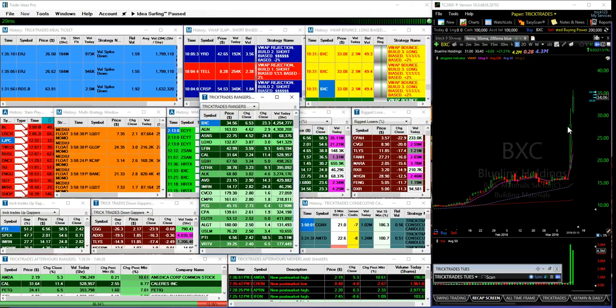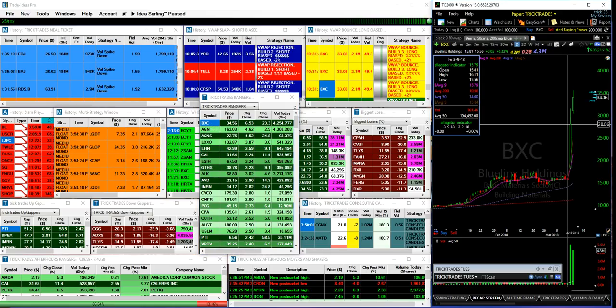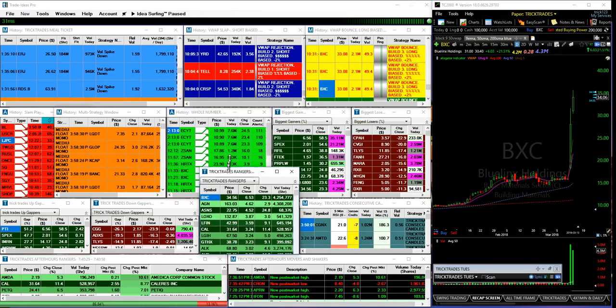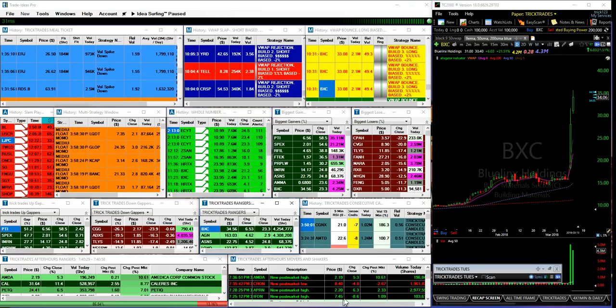So on this big gap up here, it gapped up 3 points. Now, today wasn't the greatest day for Rangers. Sometimes these will gap up 10 and 20 points. And that's when you really have a special play on your hands, because you're able to capitalize on that range. So that's the Rangers, and that's the pre-market weapons, okay?